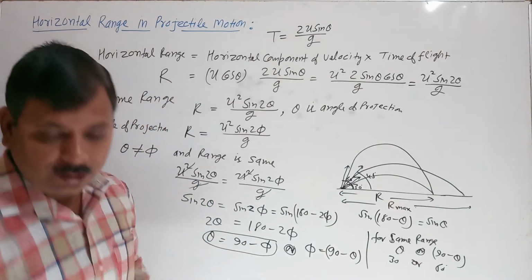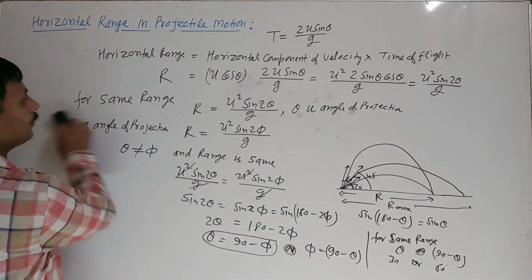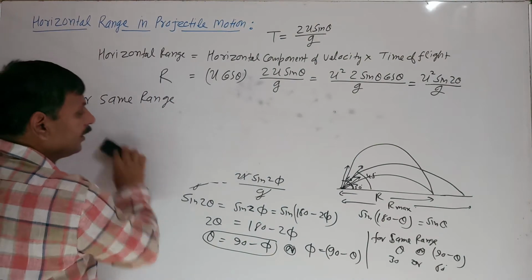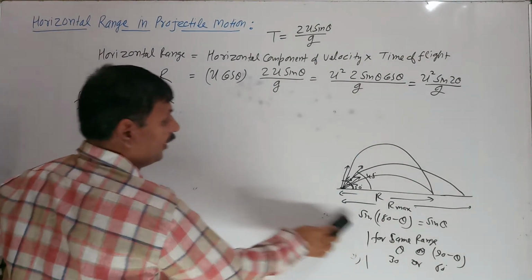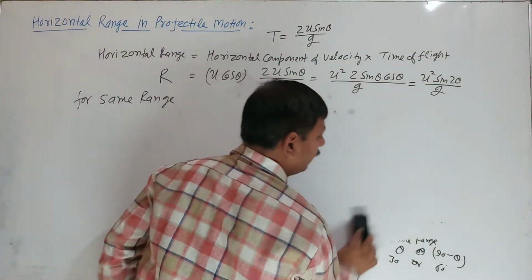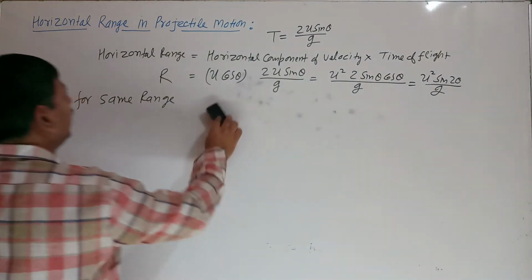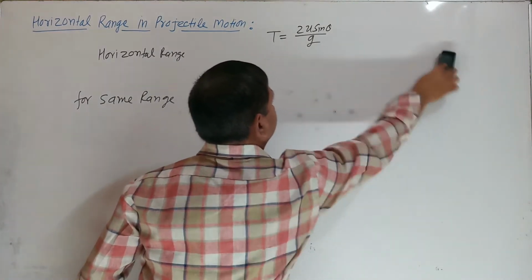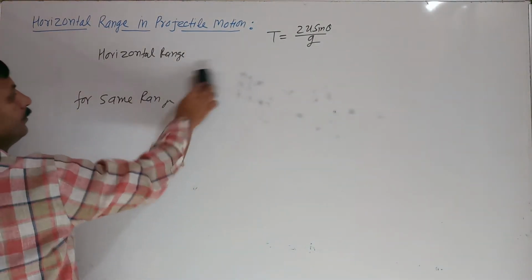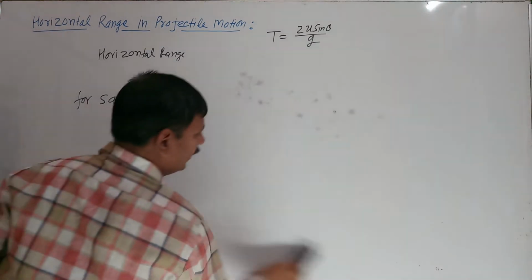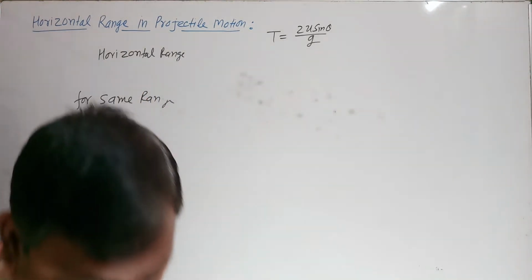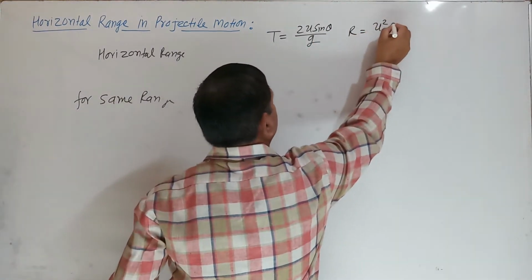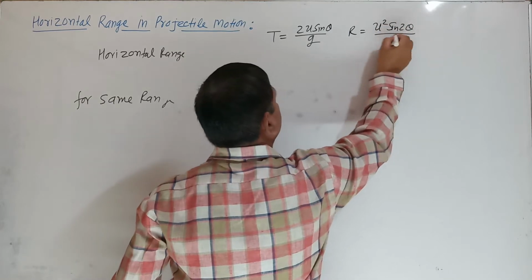So one thing more I want to show you. For same range, what we have seen, suppose we have taken different angles. I have taken one angle is theta, another angle is 90 minus theta. See here, formula for range is u square sin 2 theta upon g.